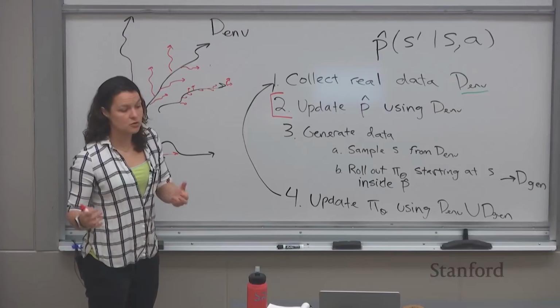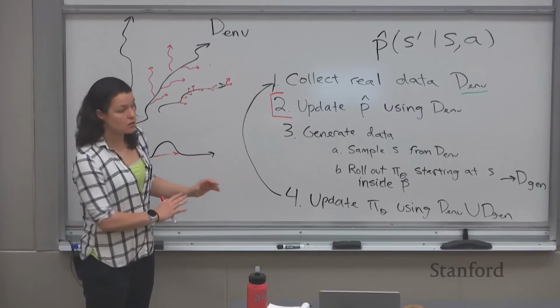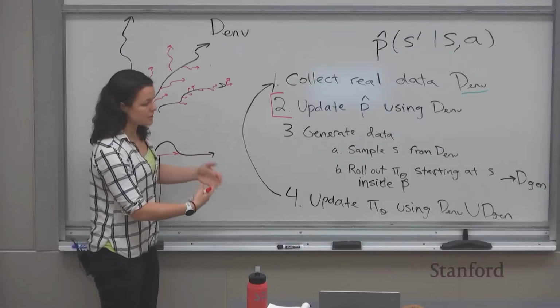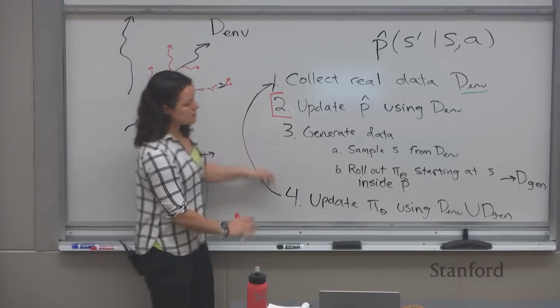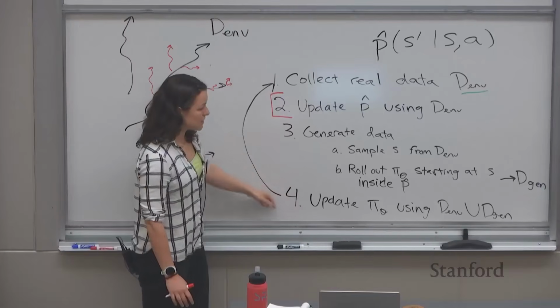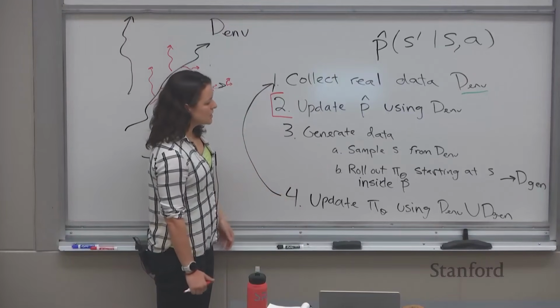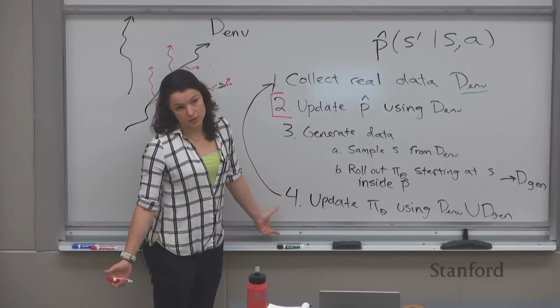You can actually also develop completely offline versions of model-based RL, where you have a fixed prior data set and you augment that data set with a model, and then you train a policy and you're done. In this case, we have an online algorithm where we continue to collect real data, update our model, and so forth. This can be done in an off-policy way or an on-policy way.